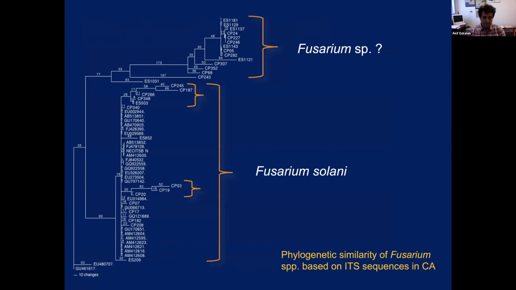With this sampling, we identified a group of the pathogen from the citrus growing areas in California under the Fusarium solani name. We also isolated another group of the Fusarium, which is also known as Fusarium solani, but in the phylogenetic clade, it is separating out a new Fusarium species.